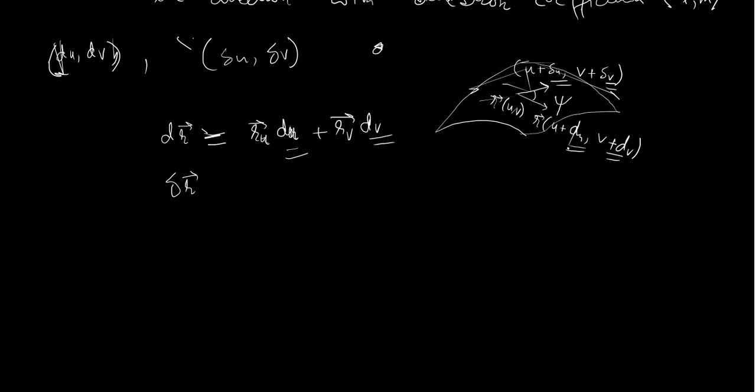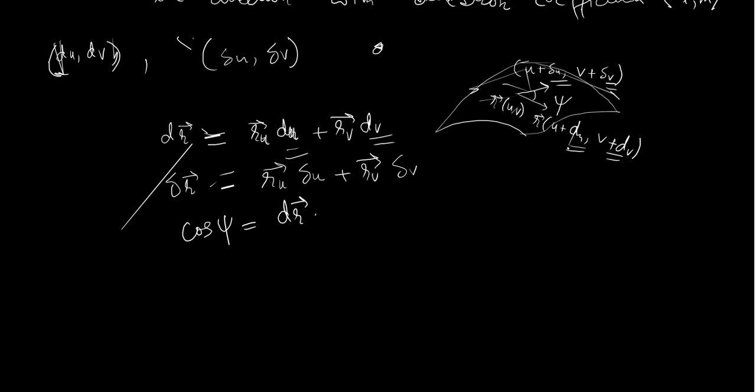Suppose psi is the angle, then cos of psi would be simply dr dotted with delta r, divided by norm of dr multiplied by norm of delta r.